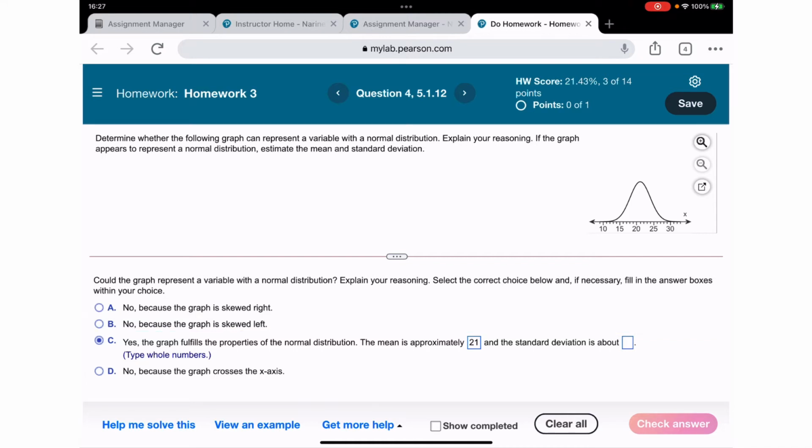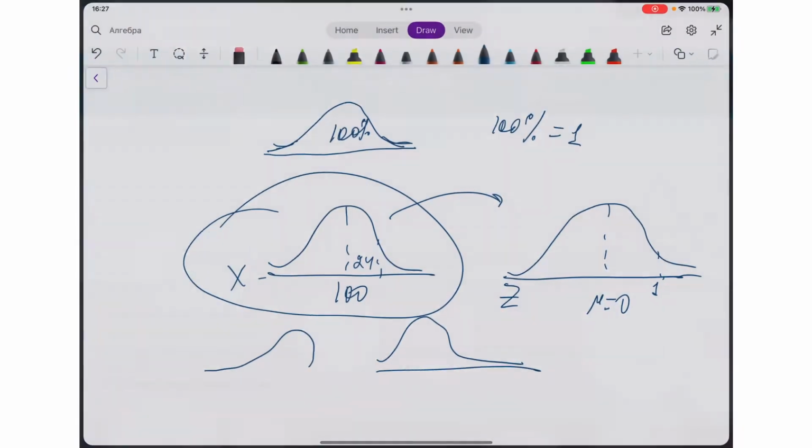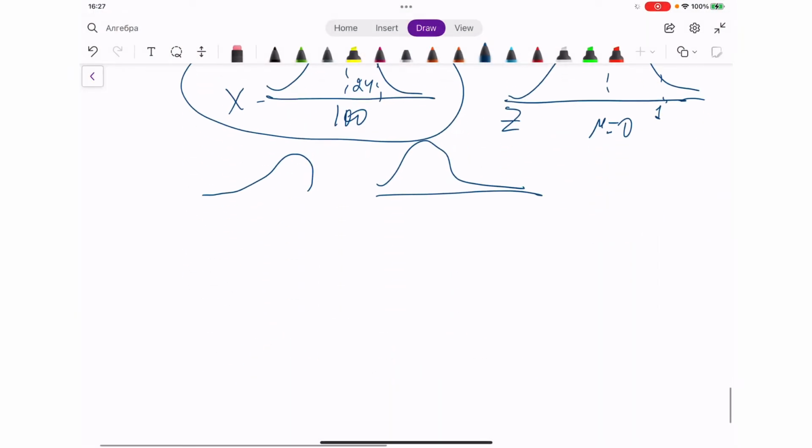Inflection points, let me explain. This is an inflection point. That's where the curve is trying to go straight but is heading down, taking a break to go down.